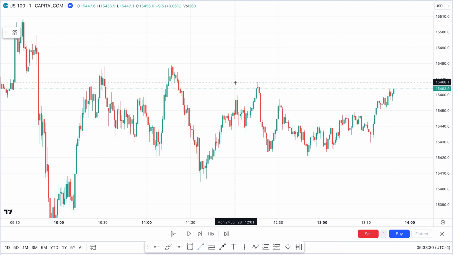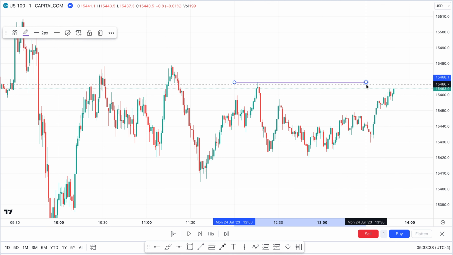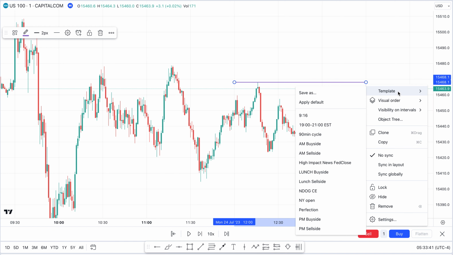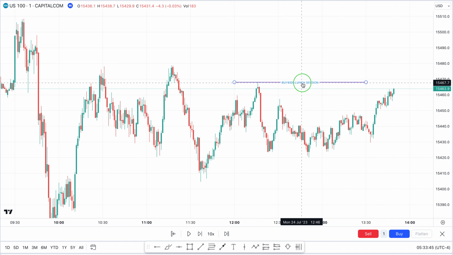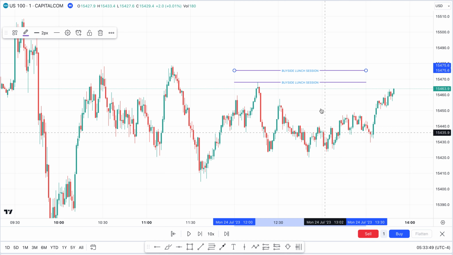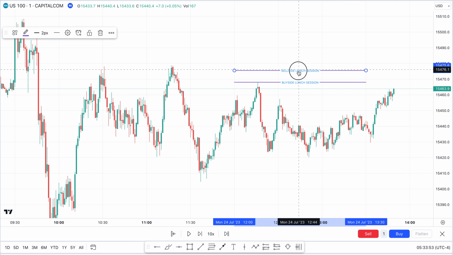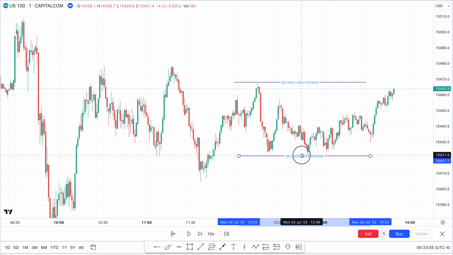The high made between 12 o'clock and 1:30 becomes lunch buy side, and at the exact same time I can clone this, and it will become lunch sell side for the lows.